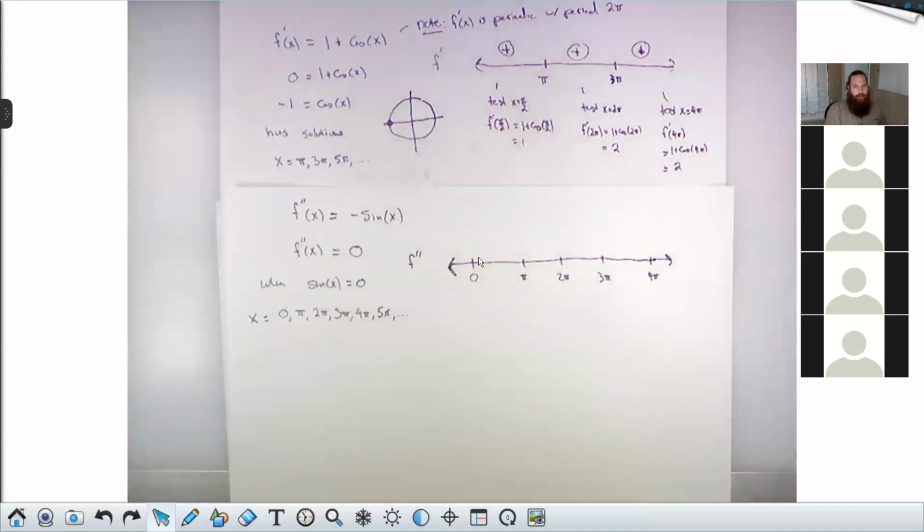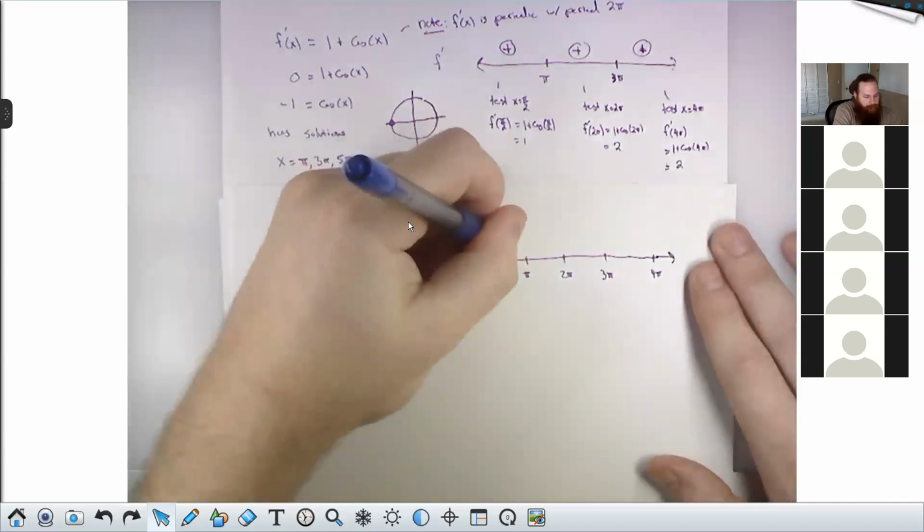If I look between 0 and pi, sine of x is positive between 0 and pi because I'm on the upper half of the unit circle. So for f double prime, I don't even need to test points here because I know this function really well. Negative sine of x is negative between 0 and pi.